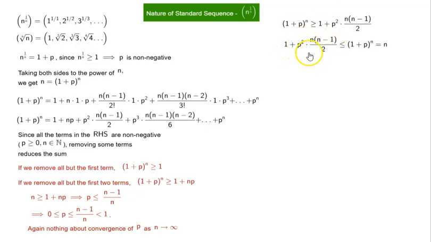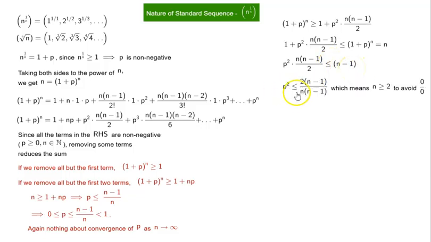We get 1 plus p square times (n minus 1) by 2 is less than or equal to (1 plus p) to the power of n. Now (1 plus p) to the power of n is n. So we substitute this with n. Then 1, we bring it to this side. So we get p square times (n minus 1) by 2 is less than or equal to n minus 1.